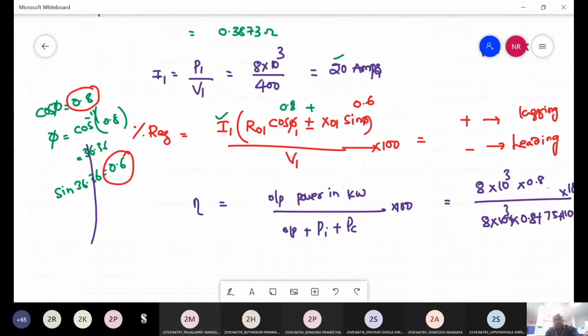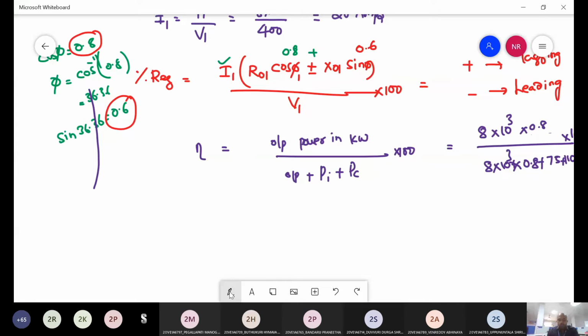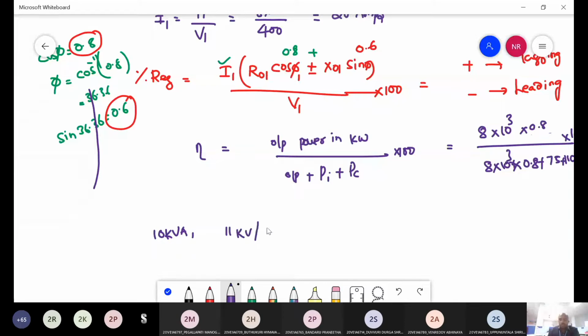Then suppose a 5 kVA transformer, or a 10 kVA transformer, 11 kV by 440 volts.